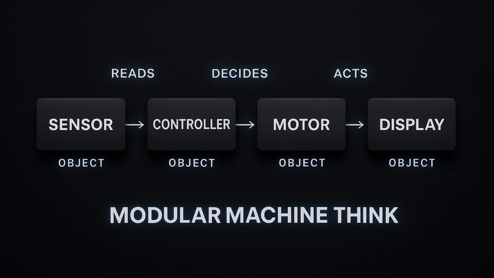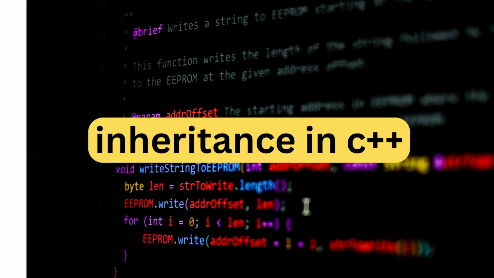For example, a gyro sensor and a temperature sensor both need calibration, reading, and display functions. And that's where we enter inheritance, the idea of a base class, a blueprint of a system component, and specialized classes that extend it. One class defines the interface, another adds the mission.